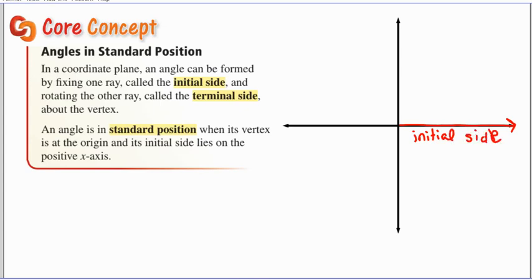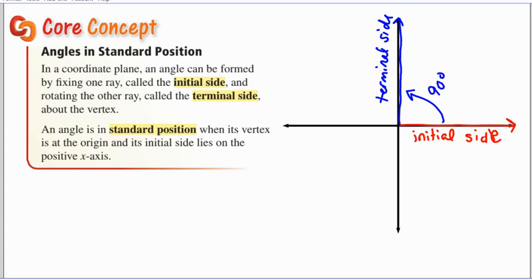And then you're going to measure however many degrees or radians you need. And if we want a 90-degree angle, our terminal side is going to be the positive y-axis, right? And that would be a 90-degree angle.